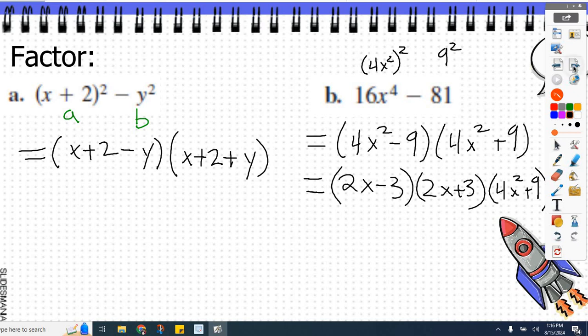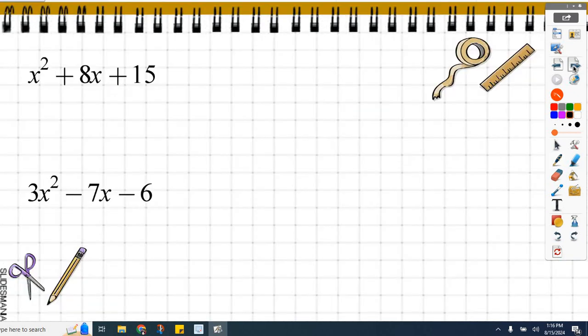Alright, continuing on. What do we have here? Trinomials. So we're moving to that second column, 3 terms. Now, what is our leading coefficient on our first one? 1. We like those. They make our job a whole lot easier. Because we're looking at what 2 things multiply to give us 15 that add together to give us 8. 5 and 3.